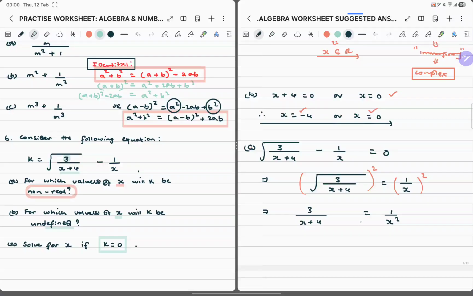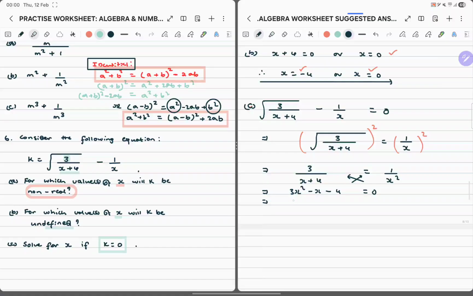Right, so we just simply cross multiply and do the things. So we get 3x squared. This would have come there, so we bring it back. It's going to be minus x minus 4 equal to 0.